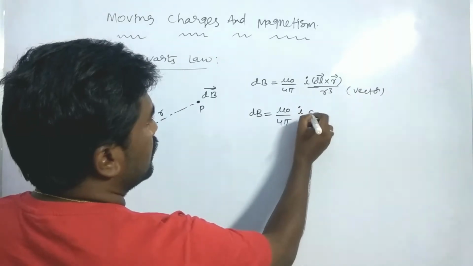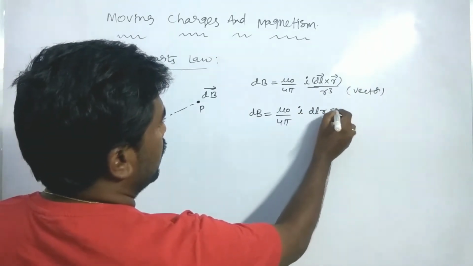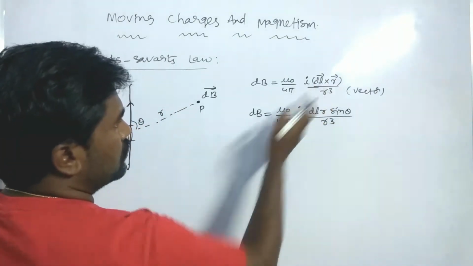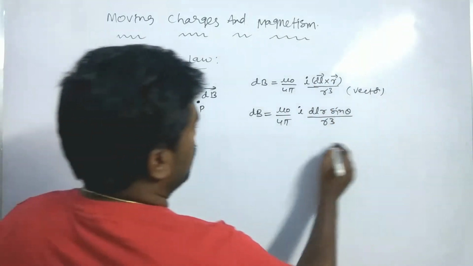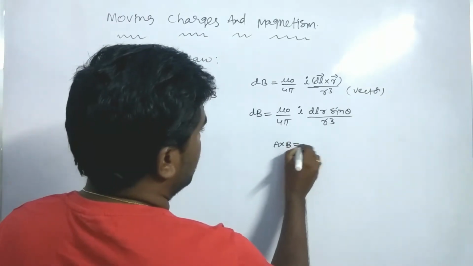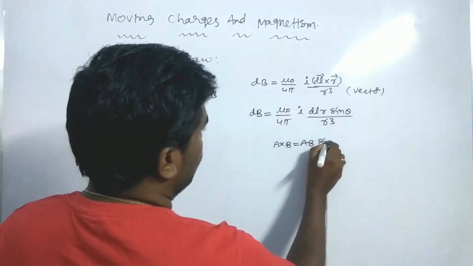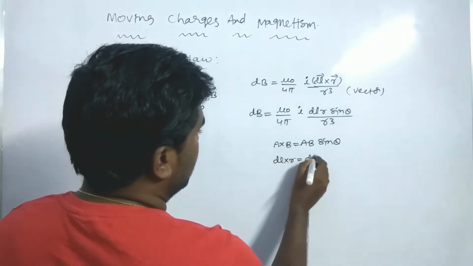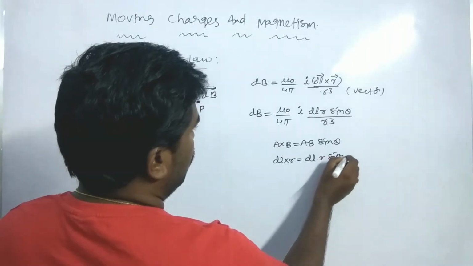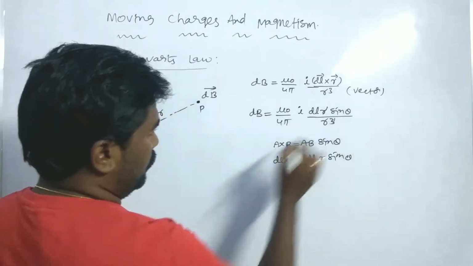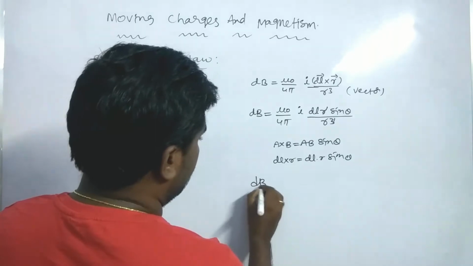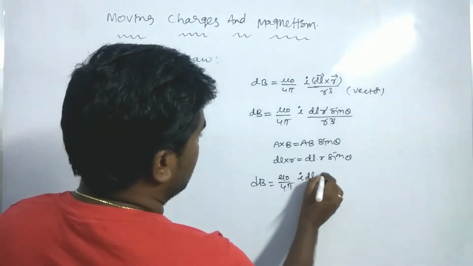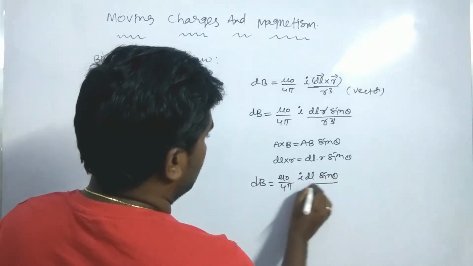And in scalar quantities, we can write dB is equal to mu naught by 4 pi, I dl r sin theta by r cube, because a cross b is equal to ab sin theta. So dl cross r is equal to dl r sin theta, where r and r square will cancel, then dB is equal to mu naught by 4 pi, I dl sin theta by r square.